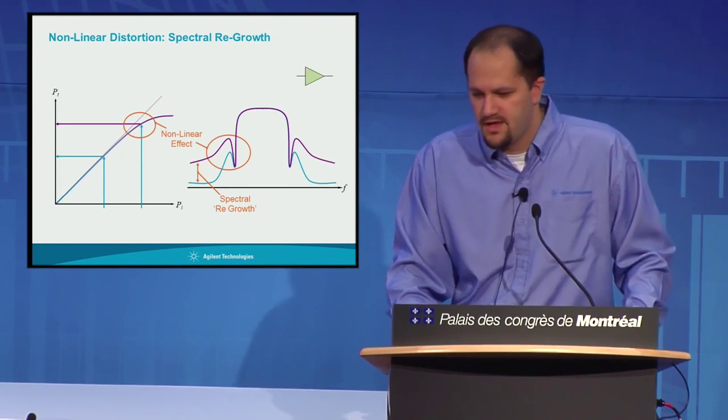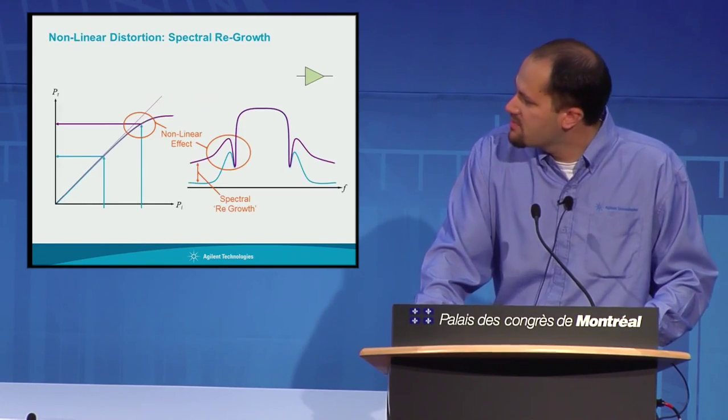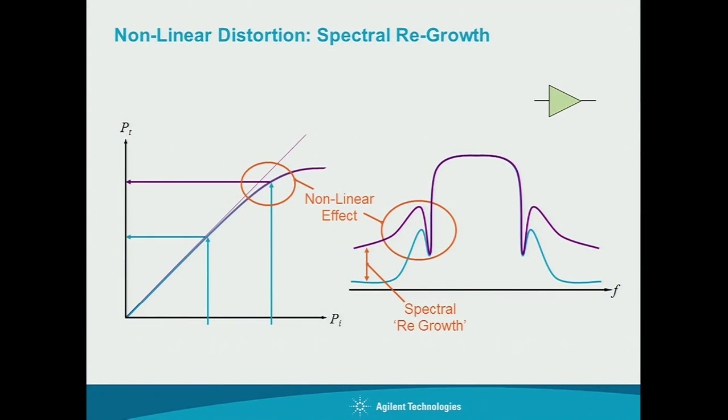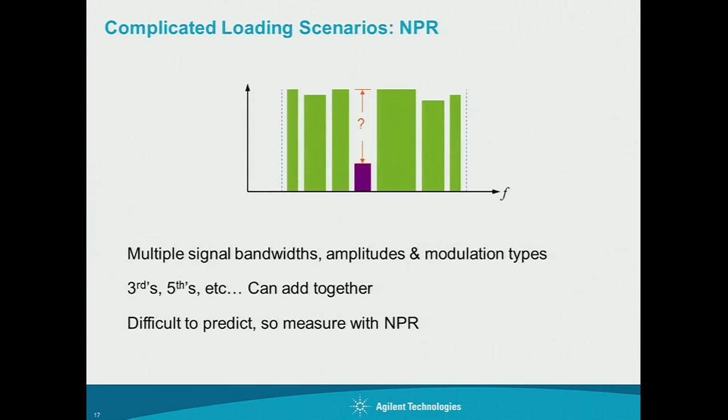So real quickly, I think everybody understands what nonlinear distortion and spectral regrowth are, but you can see here we have some spectral regrowth, and that typically happens when we're really trying to push our amplifier into the nonlinear range, and you get this out-of-band energy that, again, bleeds into adjacent channels.